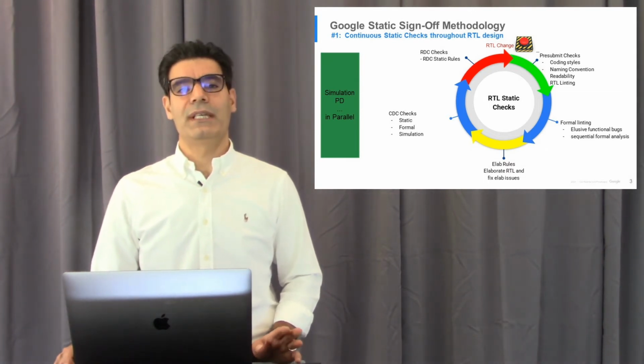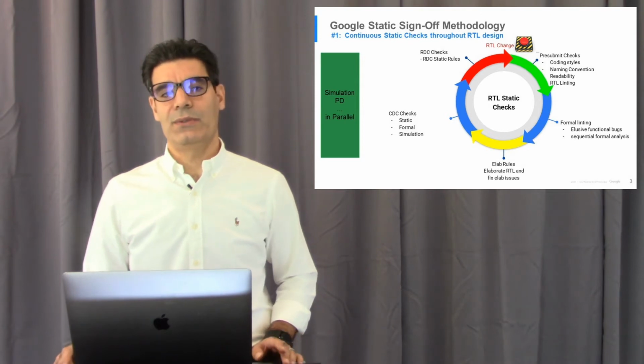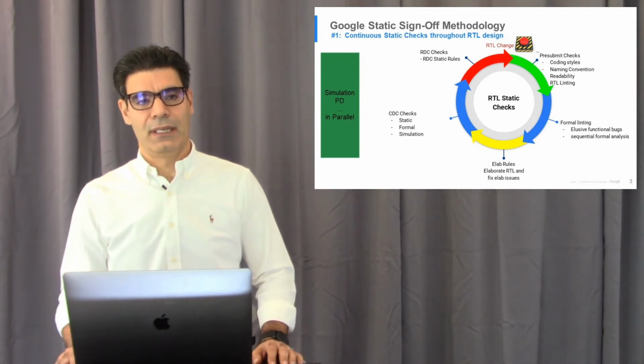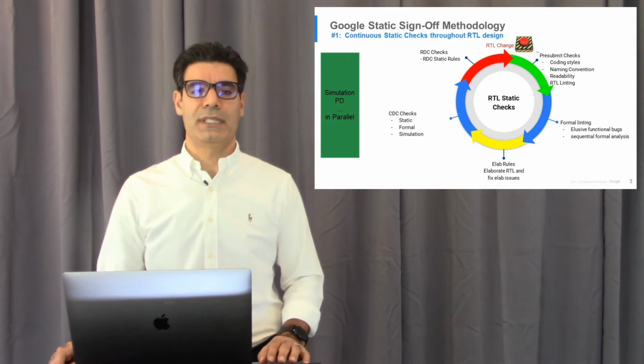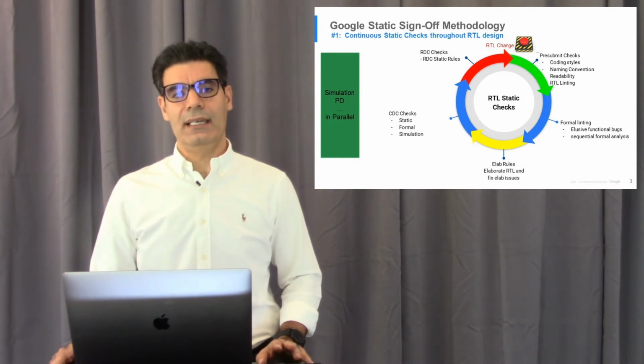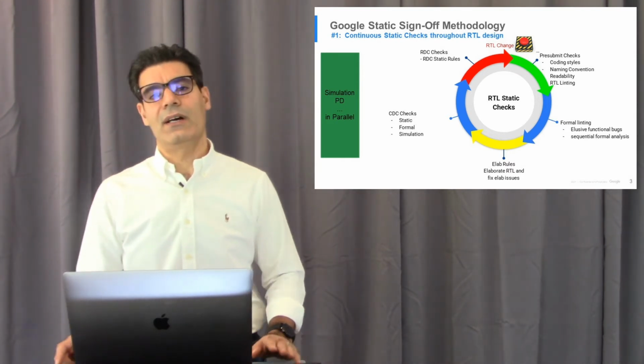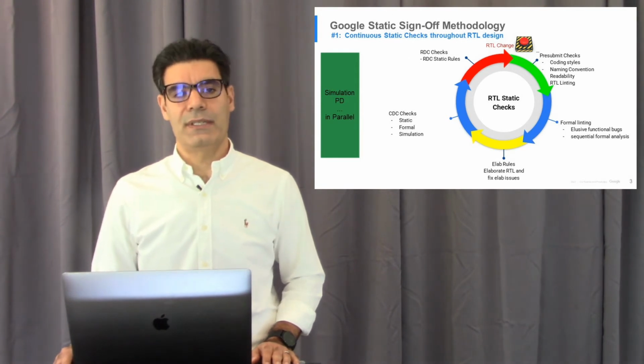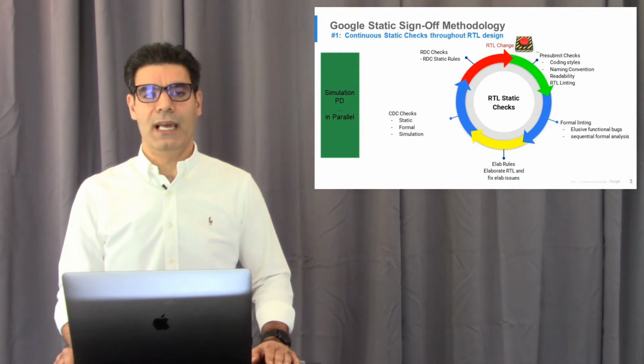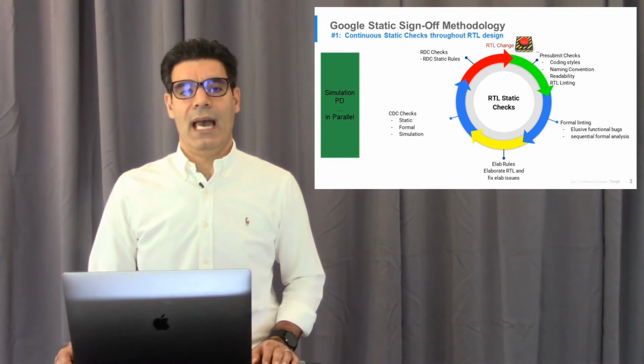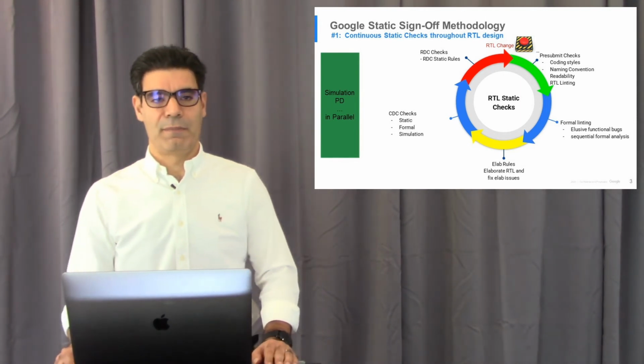We also elaborate RTL and report and fix issues regarding elaboration. The key advantage of this approach is that this process is early and continuous. Any changes in RTL will trigger the entire process again, and this approach helps us a lot in static sign-off and makes it much easier to close.